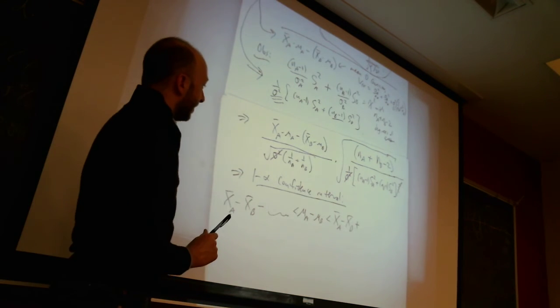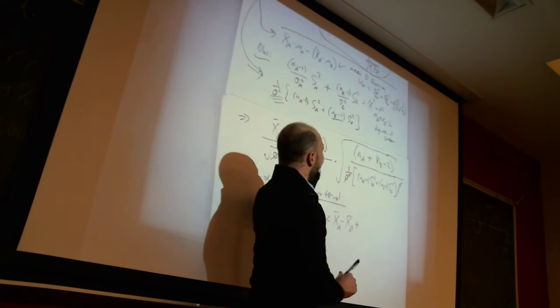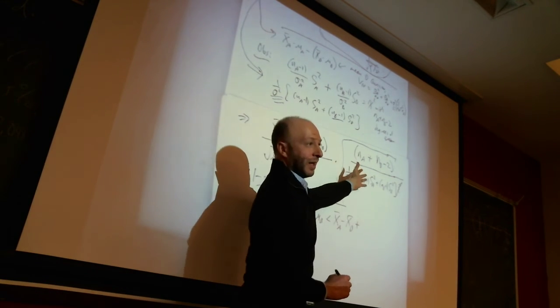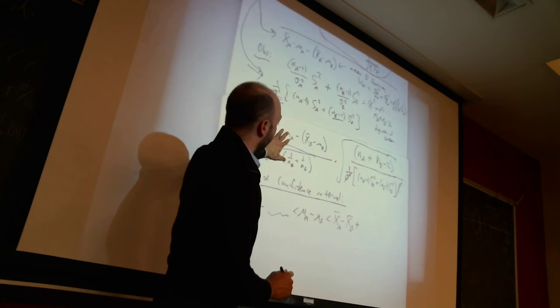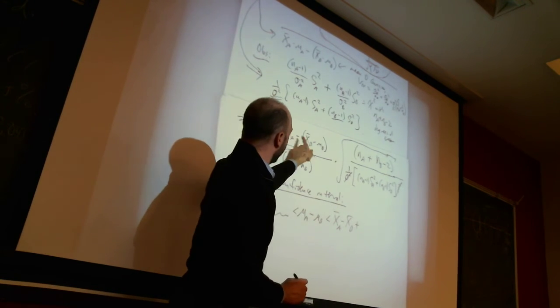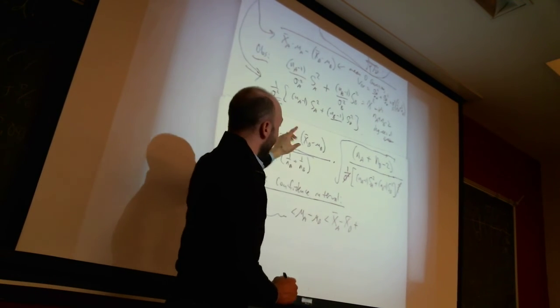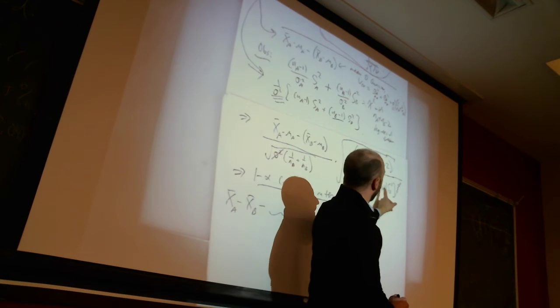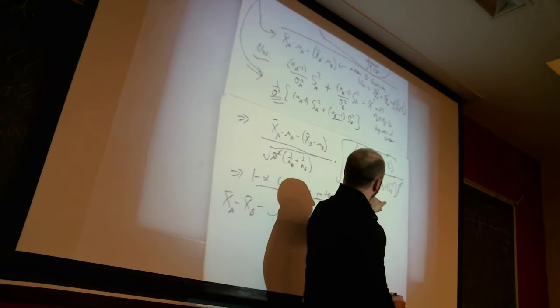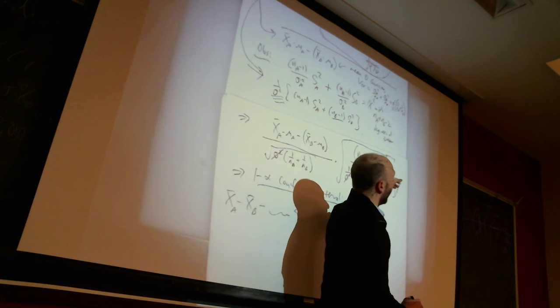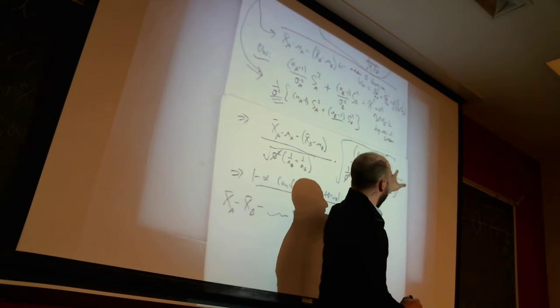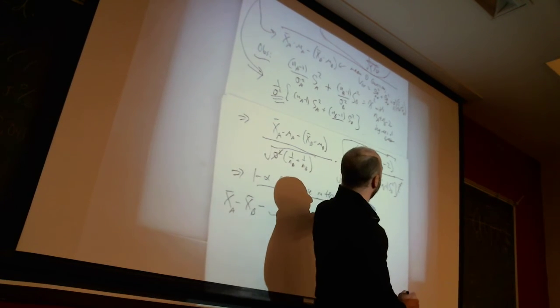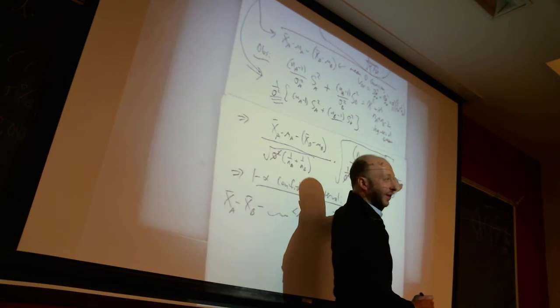So what is it? What kind of variable is this? It's a t. I had a mean 0, variance 1 Gaussian, and I divide it by a chi-squared with NA plus NB minus 2 degrees of freedom. So this is a t distribution with NA plus NB minus 2 degrees of freedom.